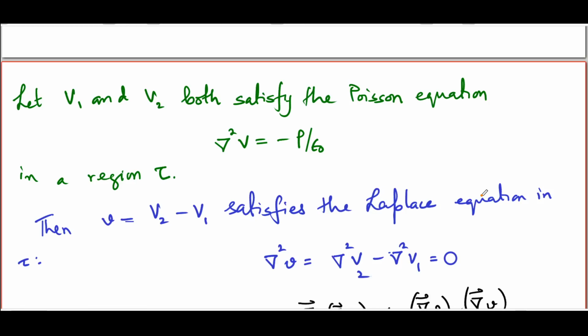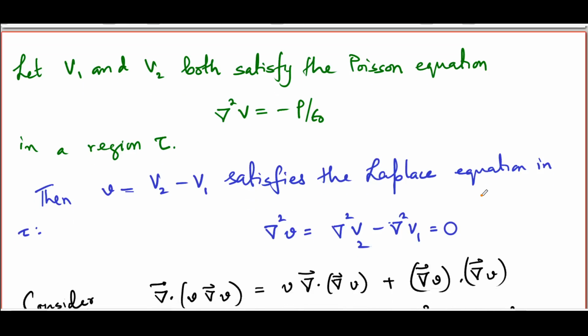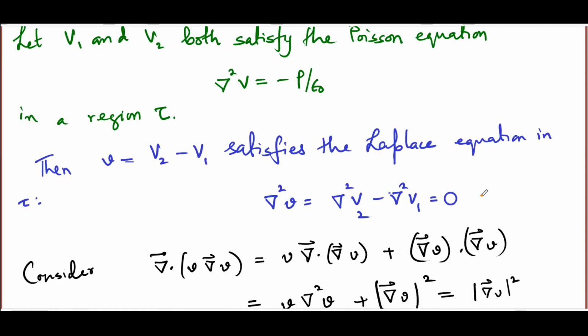Now it is time to make use of the vector identities that we have learned, at least one of them. Let's consider the divergence of this quantity, small v times the gradient of v. The vector identity that we will need here is the identity involving the divergence of a scalar times a vector field.